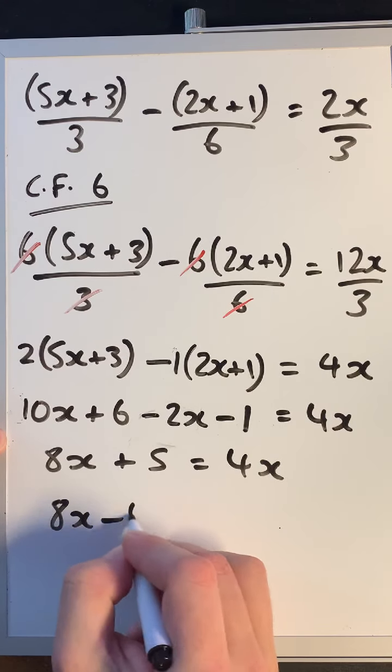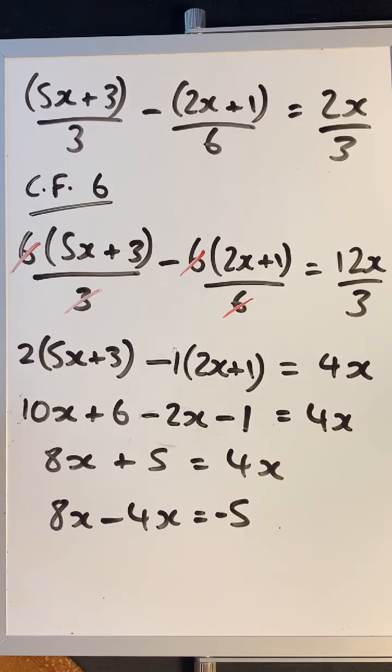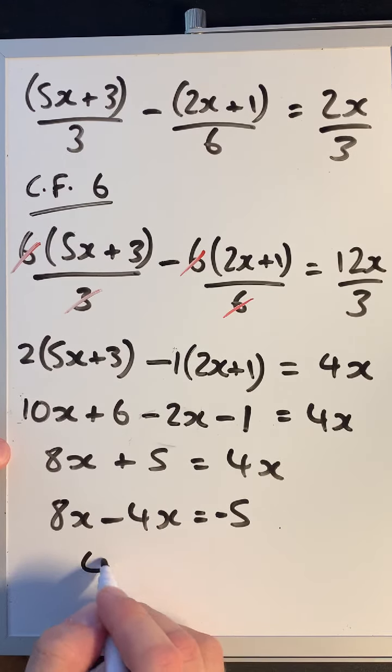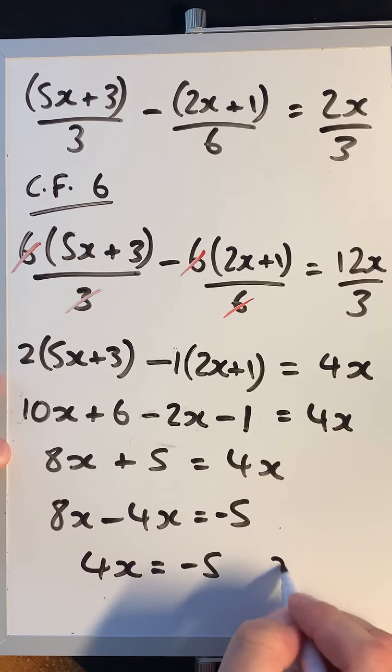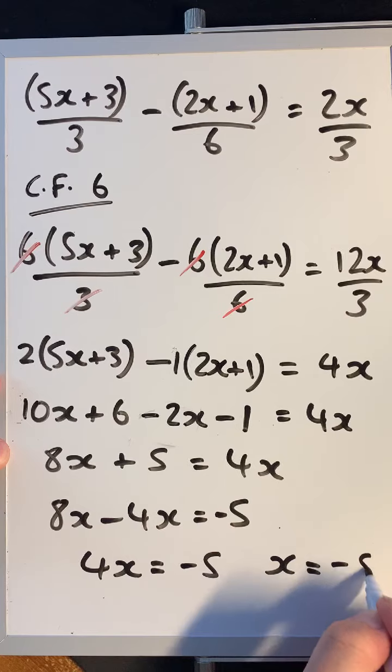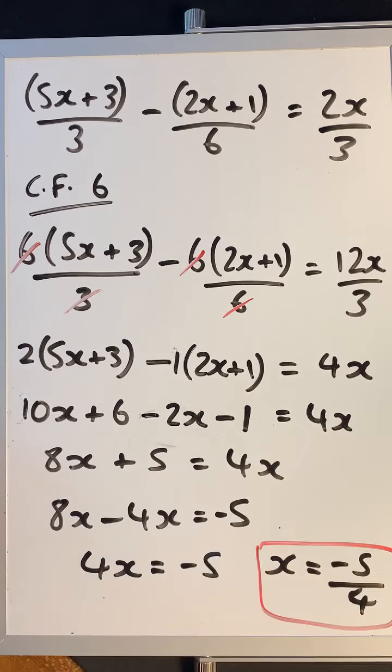So we've got 8x minus 4x is equals to minus 5. 4x is equals to minus 5. So x is equals to minus 5 over 4. Okay, so minus 5 quarters, so that's minus 1.25.